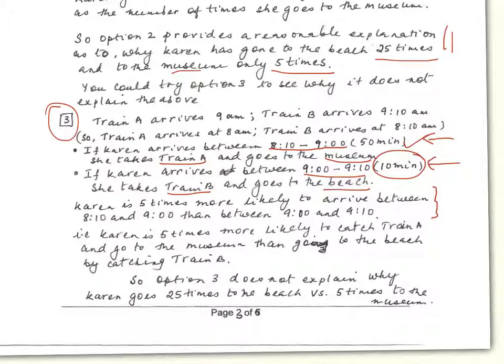That tells us that in this scenario, she's 5 times more likely to go to the museum than she is likely to go to the beach. So this explanation does not explain why she's going 25 times to the beach and only 5 times to the museum. So option 3 is not a correct explanation.